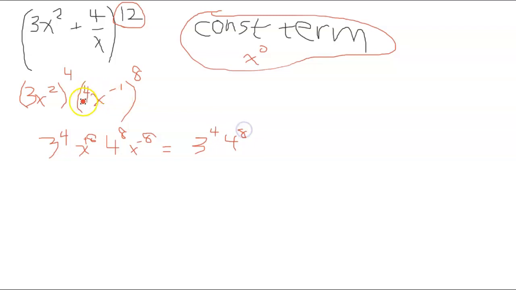Remember, that's just the a to the 4th times b to the 8th. Remember, there's always a coefficient in front. There's a combination coefficient in front, C12 something. So really, we want to multiply here by the correct combination.